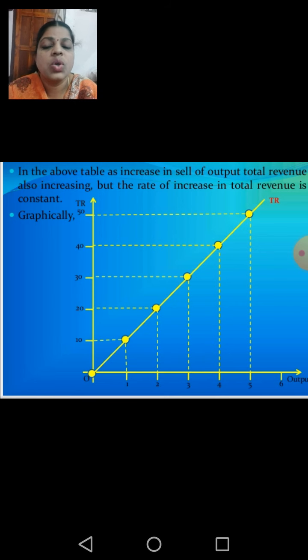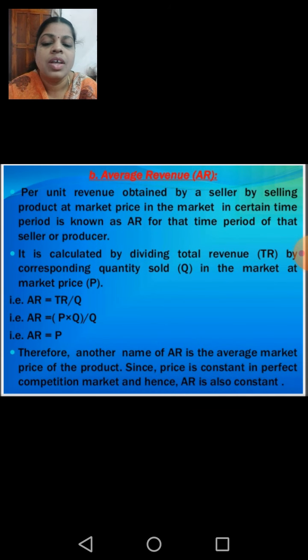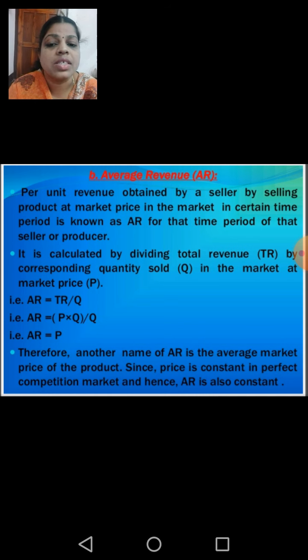Next, we will discuss the average revenue curve. So, what does this average revenue curve mean? Yes, average means per unit revenue obtained by a seller by selling a product at market price in a certain time period. Average means it is not what?